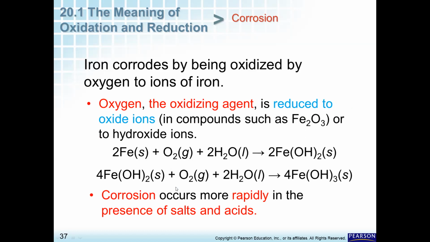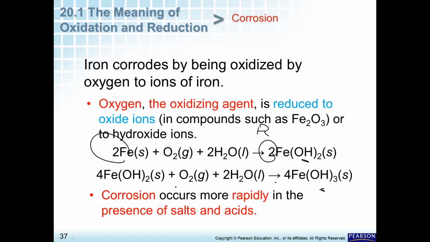Here is the corrosion of iron, or rusting of iron. Iron reacts with oxygen in the presence of water to produce iron hydroxide, but then that iron hydroxide will react further with oxygen to further oxidize. If you look at the charge on the iron here, that's +2, but in this one, that's 3.